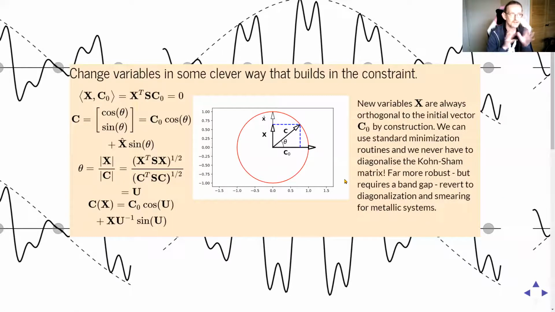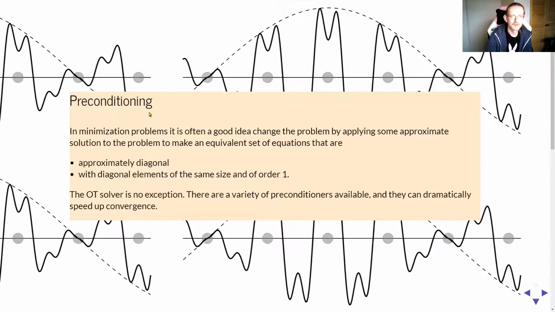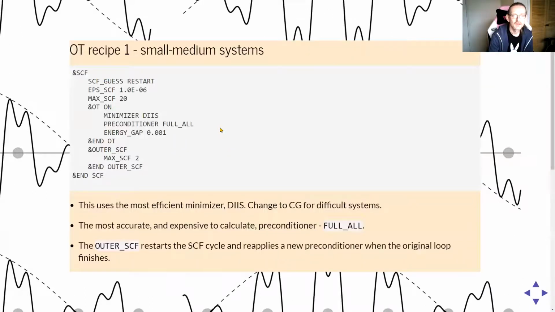You never solve the full eigenvalue-eigenvector problem, but you minimize the energy with respect to the density matrix, or equivalently with respect to these molecular orbital coefficients, and you do it directly in this alternative coordinate system. This works very nicely. It does need preconditioning. There's a bunch of preconditioners, and there are normally a couple of different recipes that can be applied.